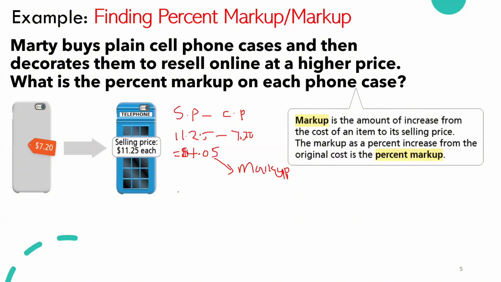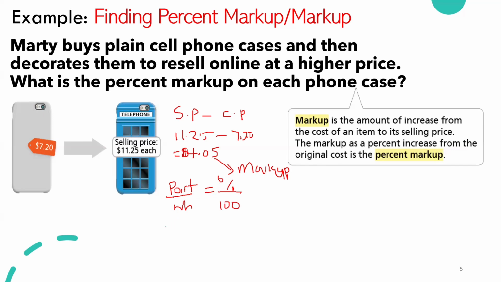So we are going to use our proportion again: part over whole equals percent over 100. Using this proportion, we know that we are finding the percent, so we need to know the part and the whole in order to find it.